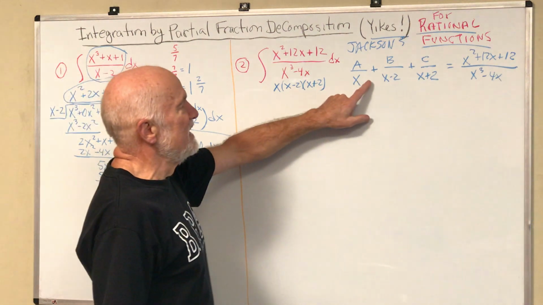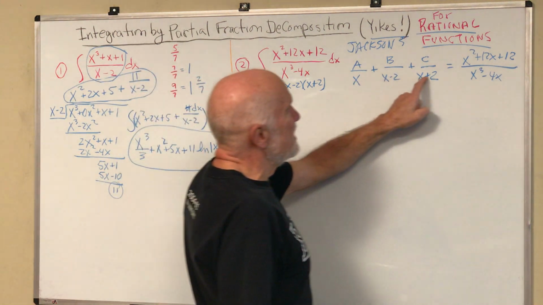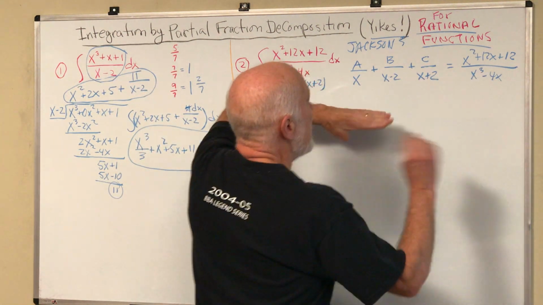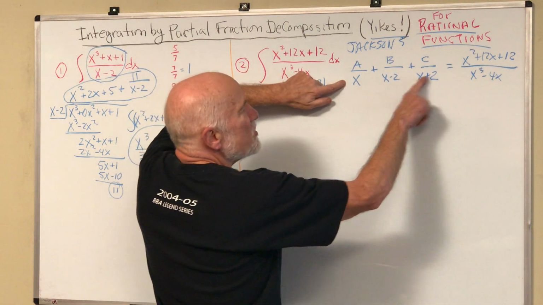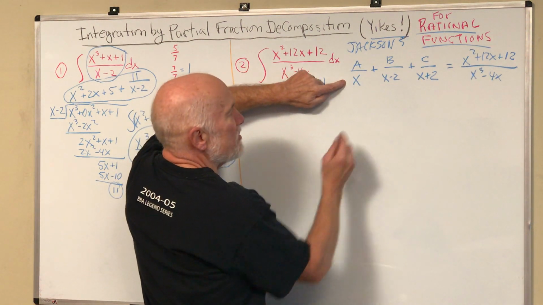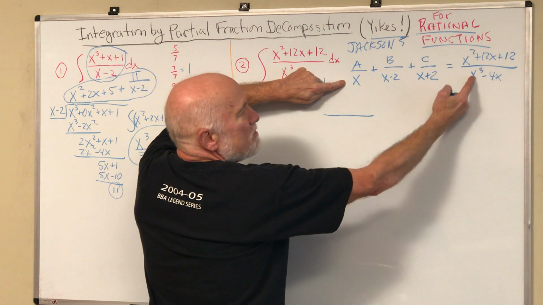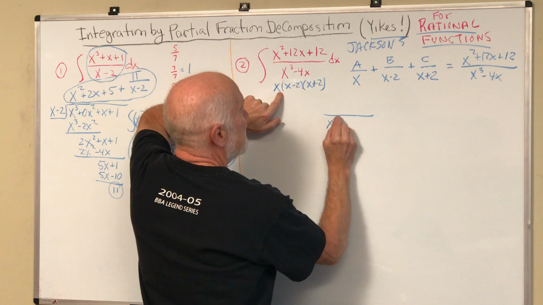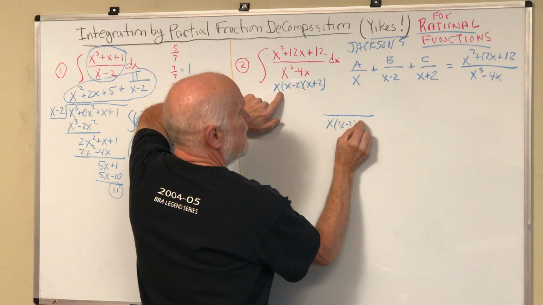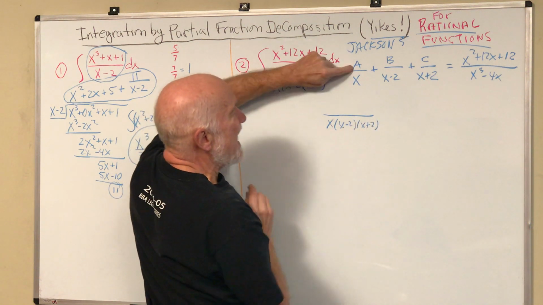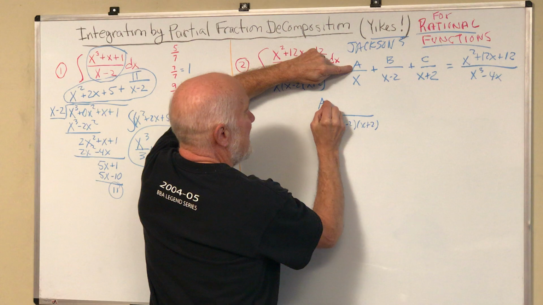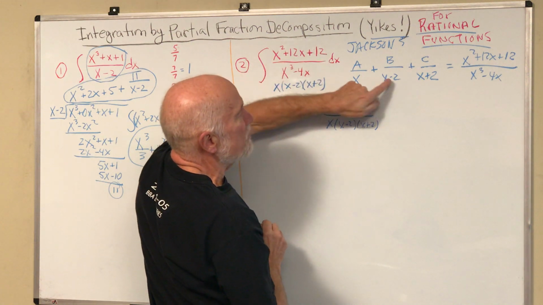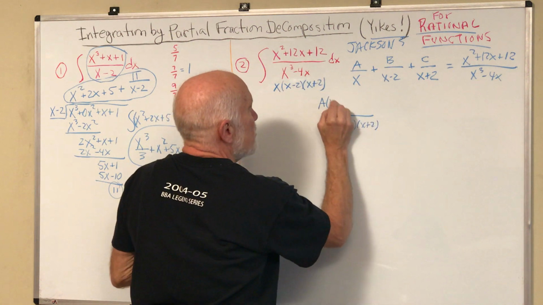Okay, so how do I make sure that this equals this? Well, the way we do it is to put this back under the same denominator that I had. Well, what is A missing? A is missing the factor of x minus 2 and x plus 2.